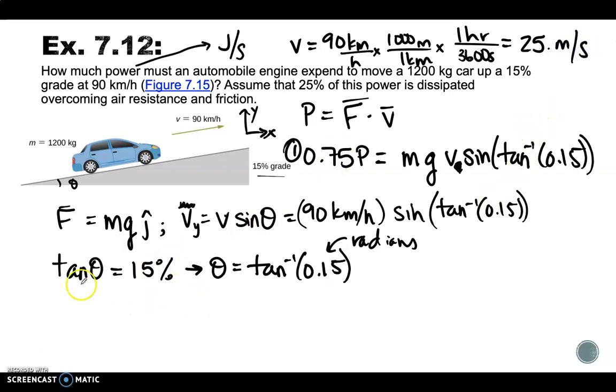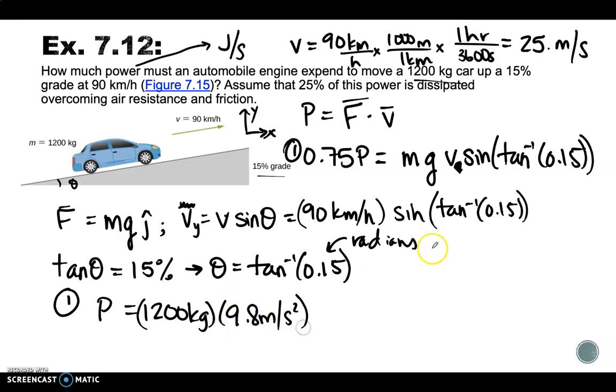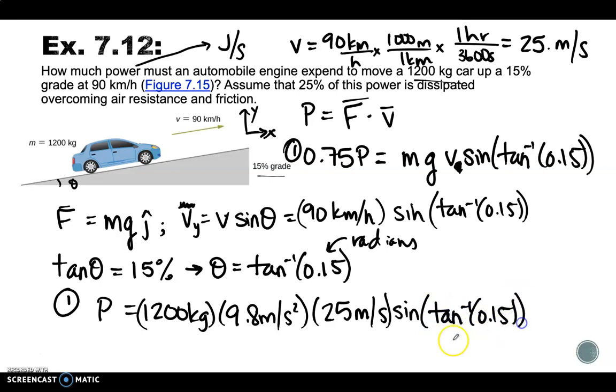So P is equal to our mass, which is 1,200 kilograms, multiplied by g, which is 9.8 meters per second squared, multiplied by our velocity, 25 meters per second, multiplied by sine of tan inverse of 0.15, and divided by 0.75.